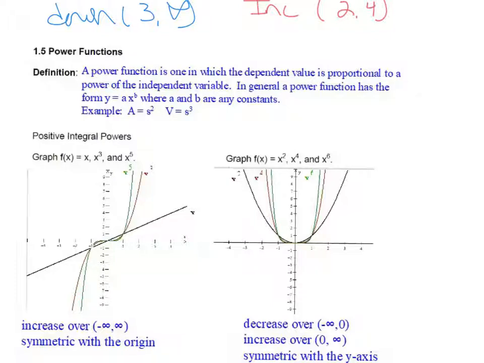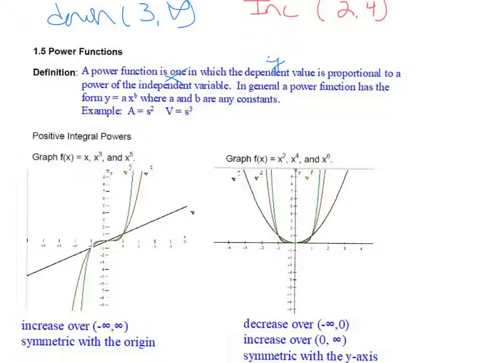Okay, we're going to pause the video here for you to write the power function definition. So a power function is one where the dependent value is proportional to the power of the independent variable. So dependent is y, independent is x. So in general, a power function is where you have x to an exponent.